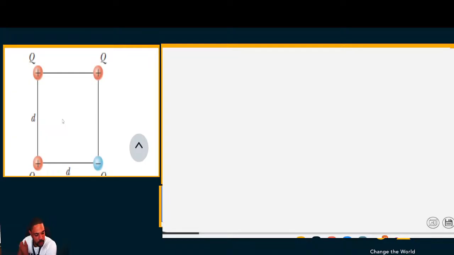It's relatively easy. So we will have kq squared over d for number D. At this point I can tell that it's going to be 0, but let me work it out then.